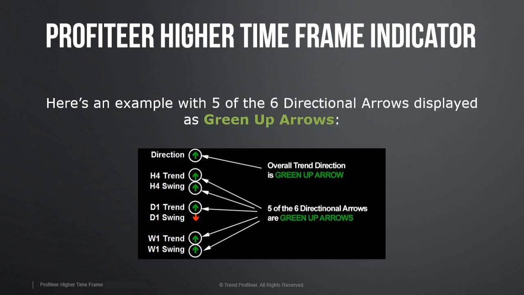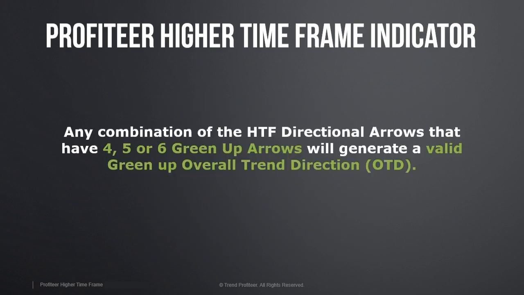But at the same time, it is a time to be a little cautious because the higher time frames are also telling us that the market could be at a point where there could be a correction because it is extended so far in the one direction. But we'll go over that on a case-by-case basis with a few examples later in this training.